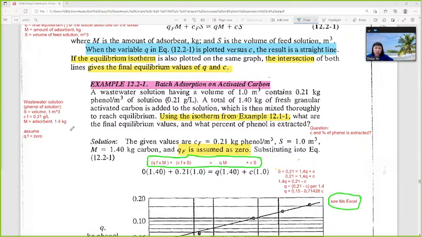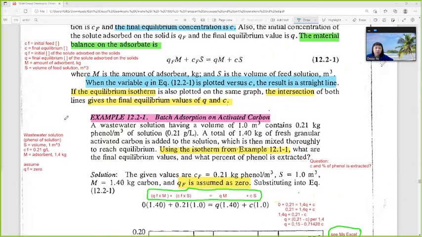We knew that S, the volume of feed solution, is 1 cubic meter, and Cf, the initial feed concentration, is 0.21 gram per liter, and then the amount of absorbent, M, is 1.4 kilogram.